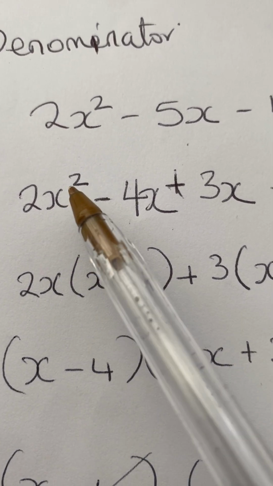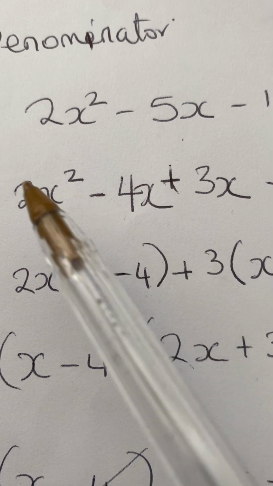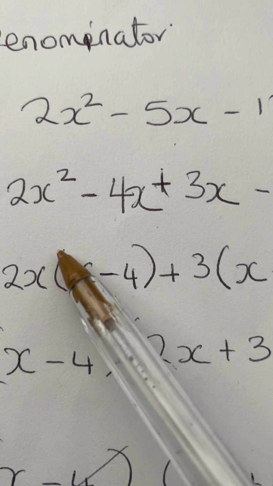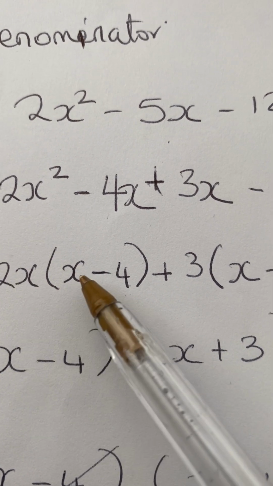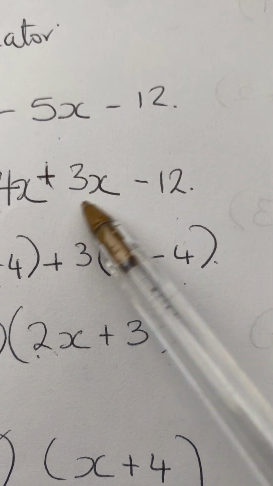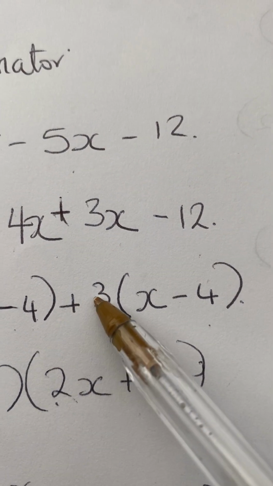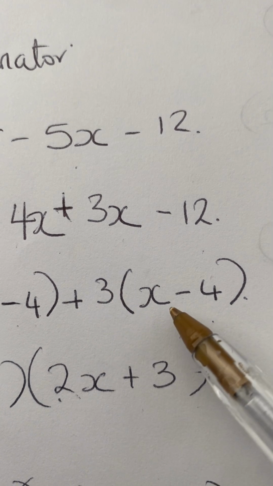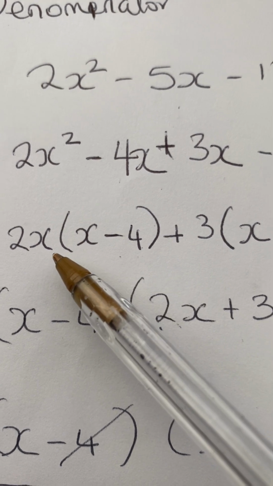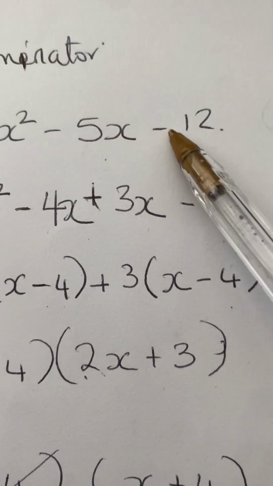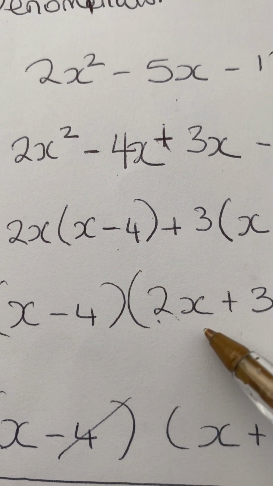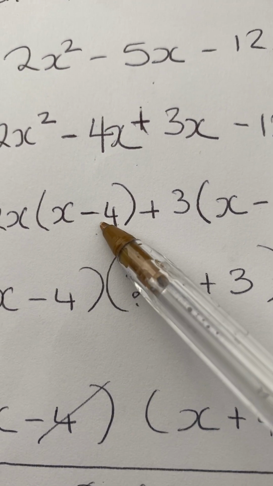So now, if I look at these two terms, my common factor will be 2x. If I bring 2x out, I have x minus 4. Now, if I look at this again, if I bring 3 out, I have x minus 4. So here now, I can simplify this to 2x plus 3, x minus 4.